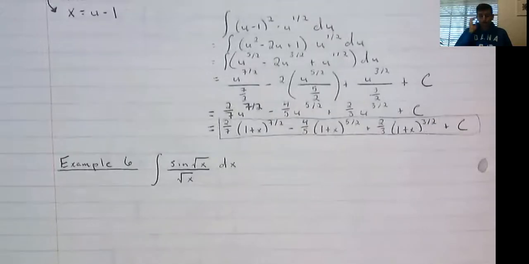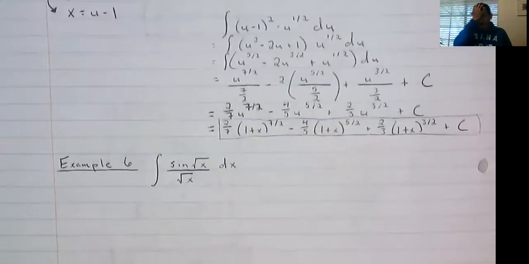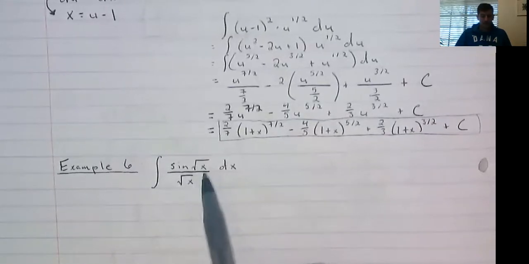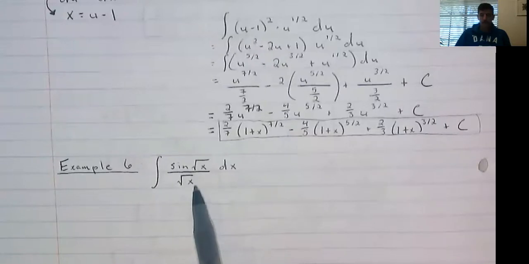Which is a little bit concerning because this is a quotient and not a product, which we haven't done a whole lot with. But as we'll see in a second, it will probably behoove us to think of this as x to the negative 1/2. We're going to leave it like that.